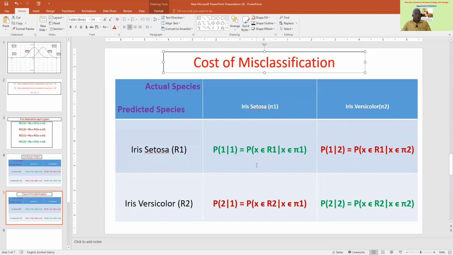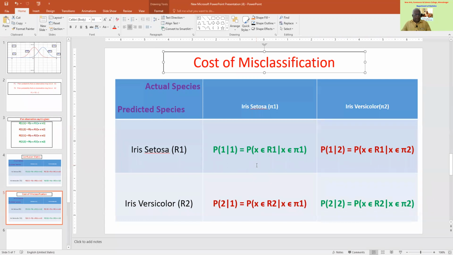Now these two misclassifications do not have equal importance. They do not carry equal weightage, because a person having a disease, if declared normal and not given any treatment, may be subjected to a critical condition, and that critical condition will lead to a heavy cost.